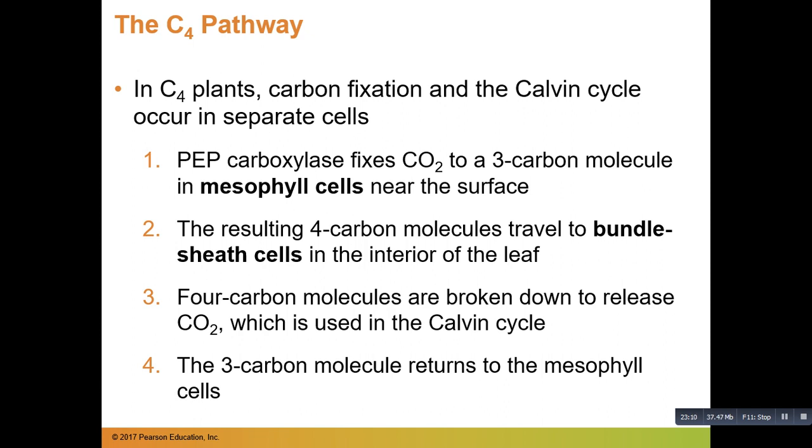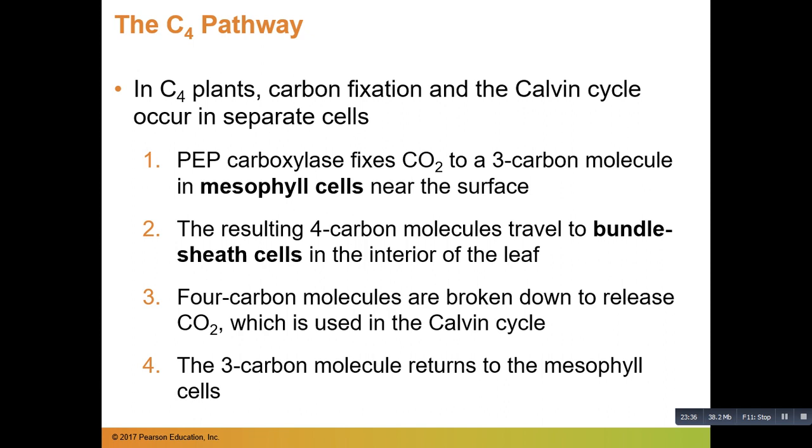Basically, what happens here is we have our carbon dioxide fixation to our 3-carbon molecule in our mesophyll cells, which are near the surface, and that's going to form a 4-carbon molecule. 1 carbon for our CO2, 3 carbons for our molecule, resulting in a 4-carbon molecule.